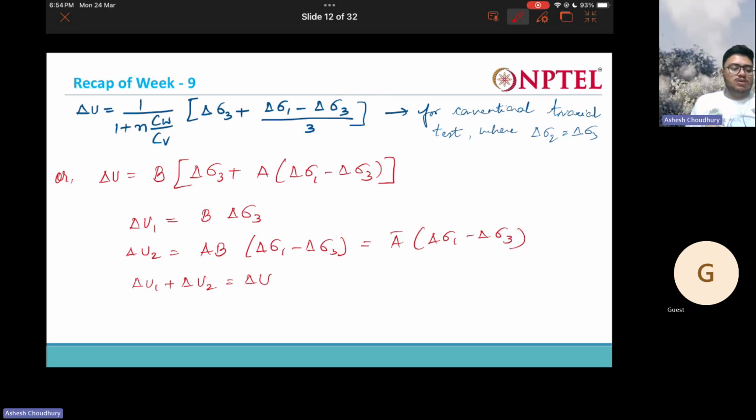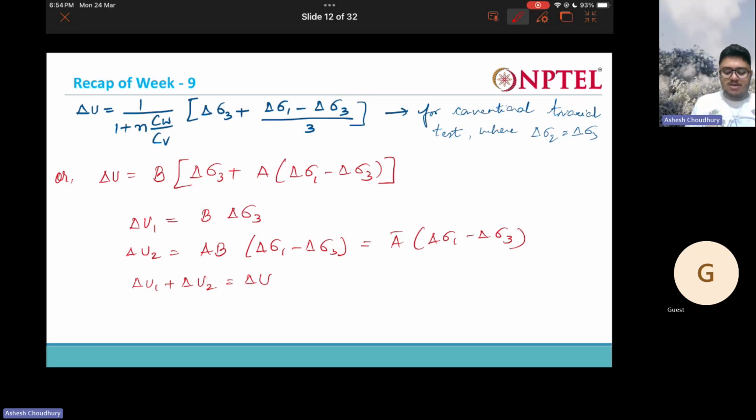Now delta u can be written as B times delta sigma 3 plus A times (delta sigma 1 minus delta sigma 3). Delta u1 is the first term, B times delta sigma 3, and delta u2 is the second term, AB into (delta sigma 1 minus delta sigma 3).